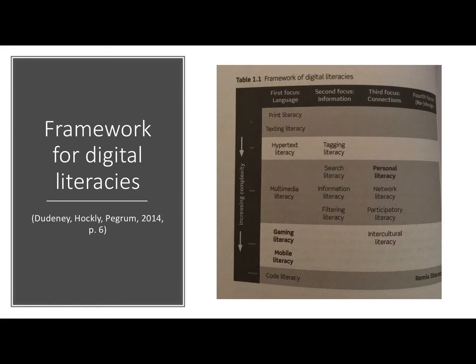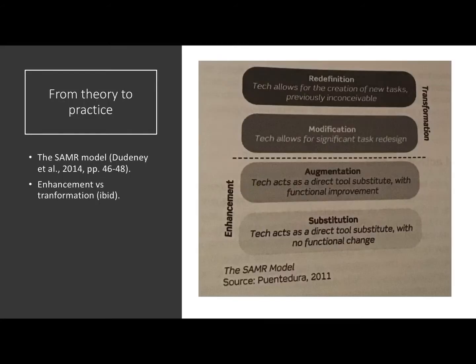So this can all then seem very abstract, and then luckily Ruben Puentedura has developed this SAMR model, which attempts to reveal how technology integration can enhance and or transform language teaching.